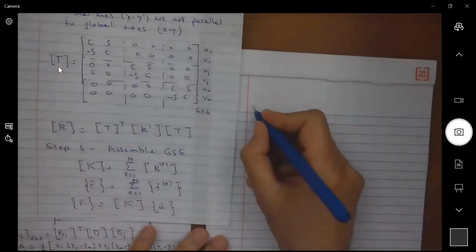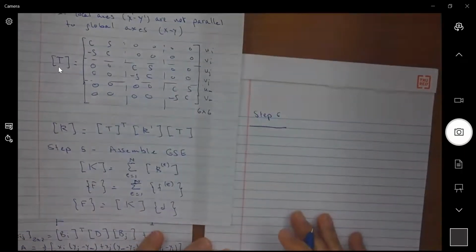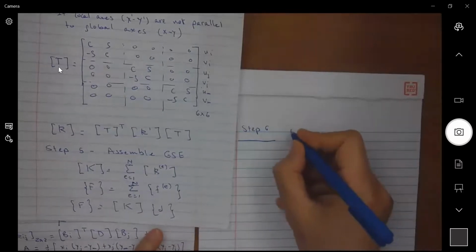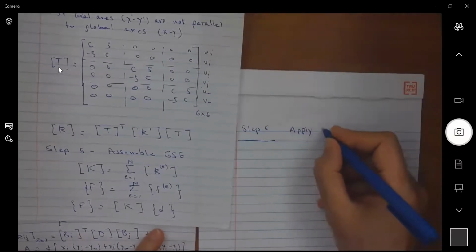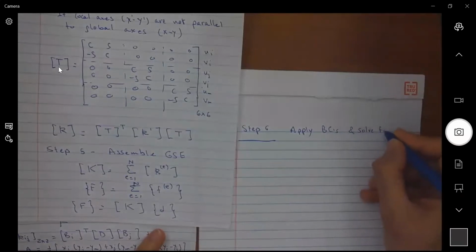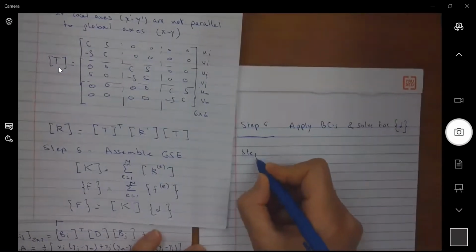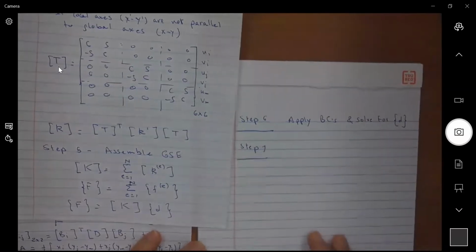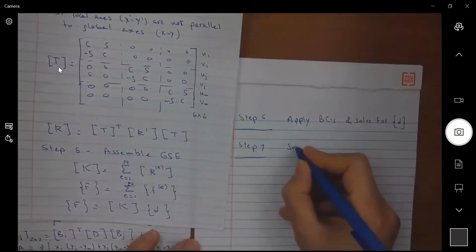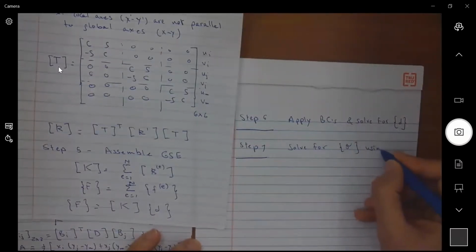Step number 6 would be to apply boundary conditions and solve for d. So we find the nodal displacements. And then step number 7 would be to solve for the stress sigma using d.